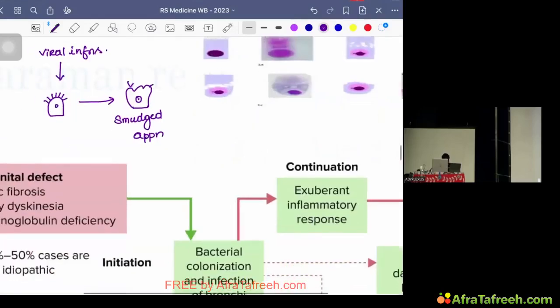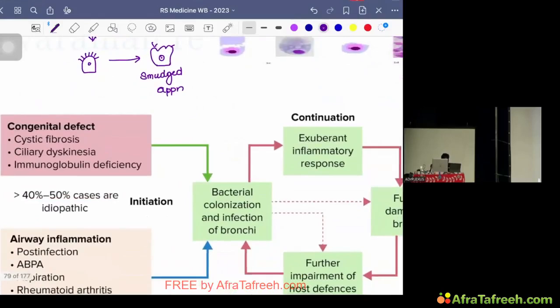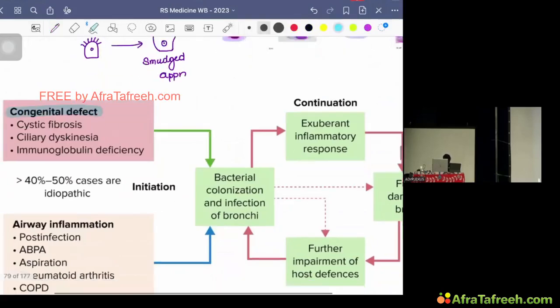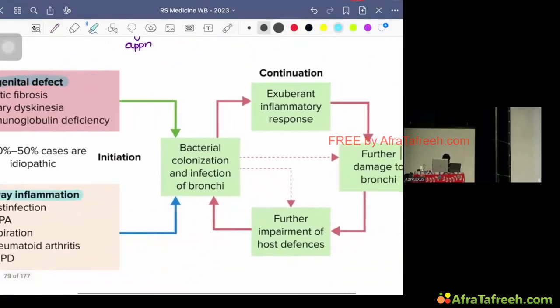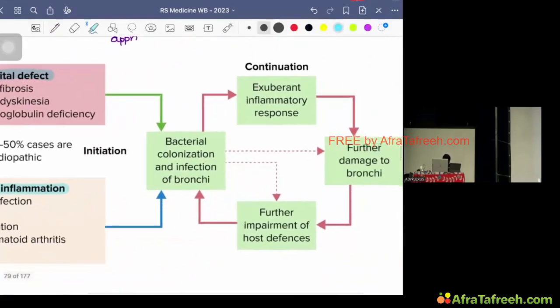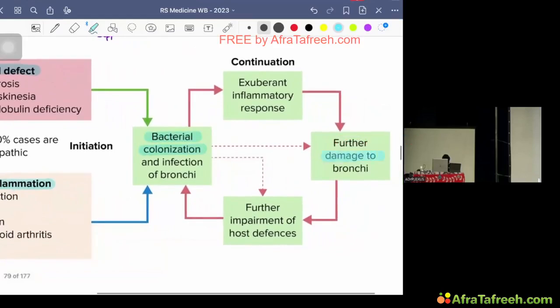As I told you, this is a recurrent event happening in patients with bronchiectasis. The patient is going to have either a congenital defect or airway infection and inflammation, which results in bacterial colonization and infection, and this will damage the bronchi and cause airway dilatation.